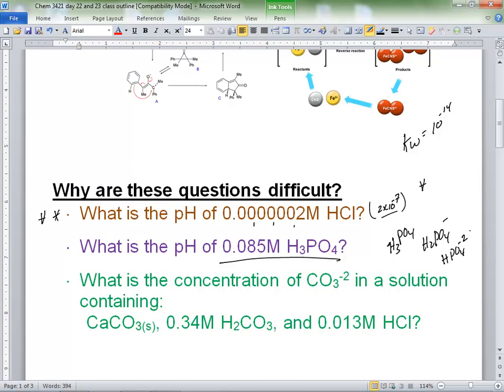What is the concentration of carbonate in a solution containing calcium carbonate solid, 0.34 molar carbonic acid, and 0.013 molar HCl? What makes this a complicated question? There's a lot of stuff going on there. Shelby, what do you see that makes this complicated? I want to know the concentration of carbonate.